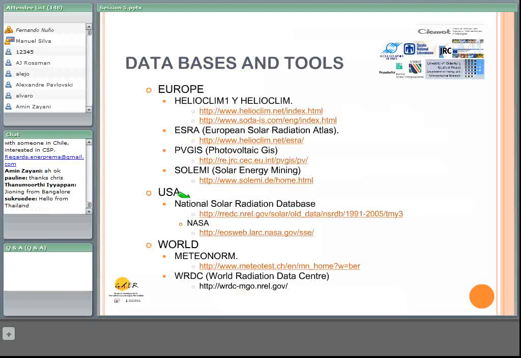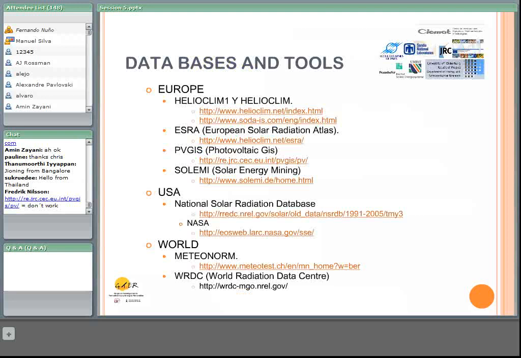In the United States, there is a public National Solar Radiation Database, which is, in my opinion, really good. One of the best solar radiation databases in the world, of course. And NASA also provides a free database of solar radiation estimated from satellite images, which is an interesting tool too.